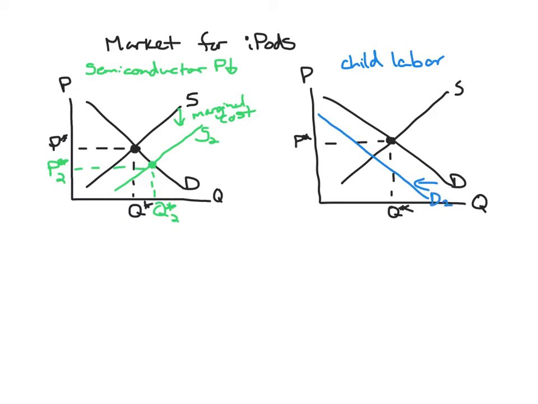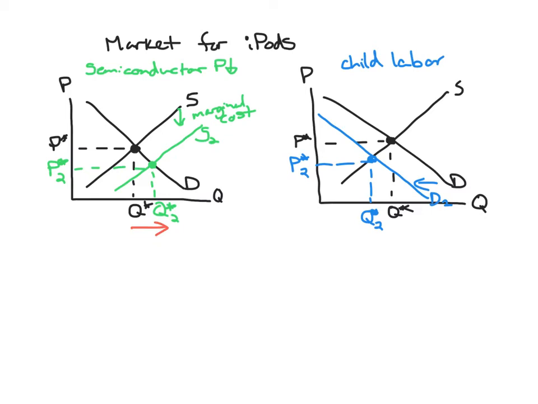If this were the only thing happening, the impact would be a new equilibrium with a lower quantity of iPods bought and sold, Q star 2, and that lower demand would actually drive down the price for iPods.